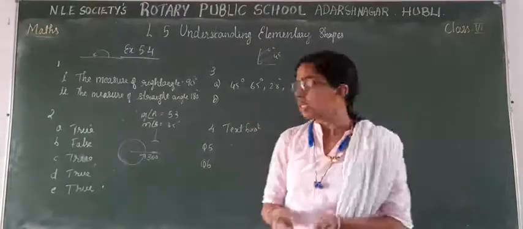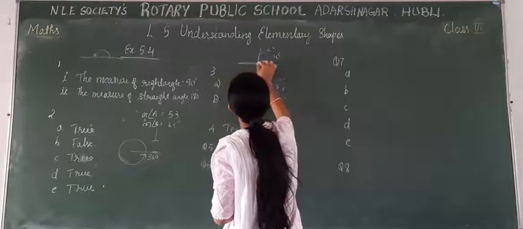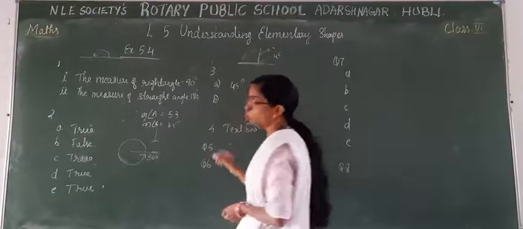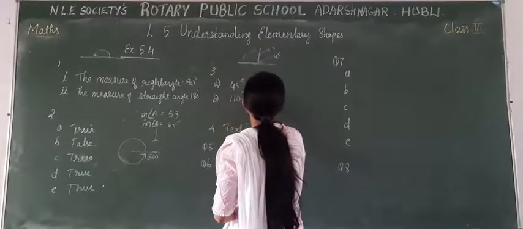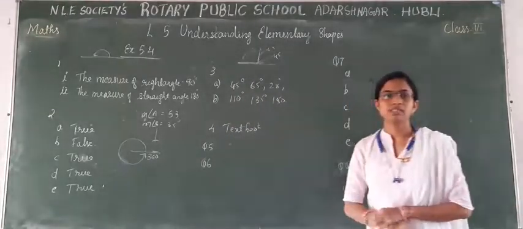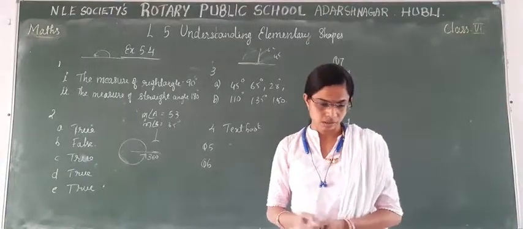Some obtuse angle. Obtuse angle lies here, which is more than 90 and less than 180. Any angle: 110, 135 degree, 150 degree, anything which is greater than 90, less than 180.